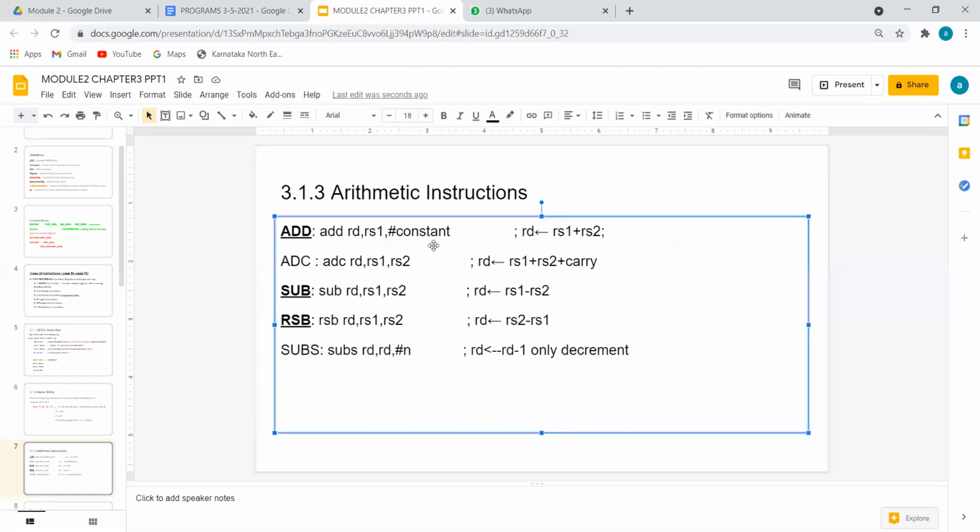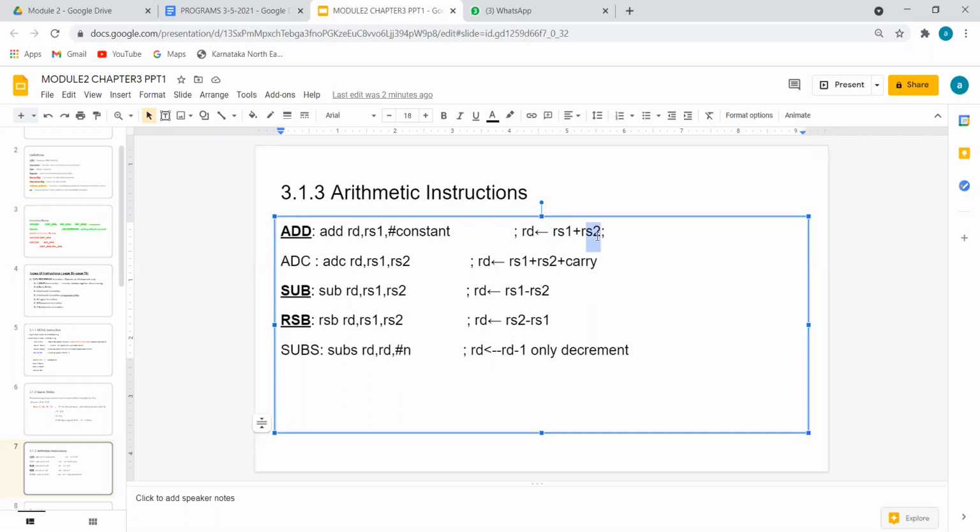So this is what the explanation was. Then arithmetic instructions we have studied: addition, subtraction, reverse subtraction, and subtraction with the sign. Okay. This ADC we have skipped, because we will study it in part B of the lab program. So how the addition works, we all know it's a simple addition.